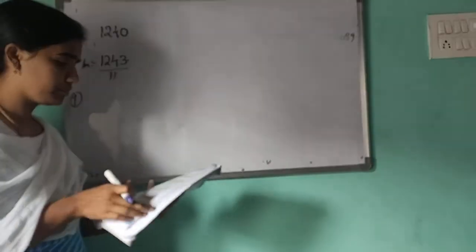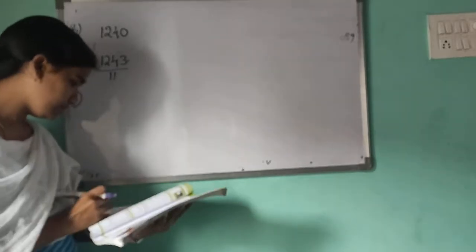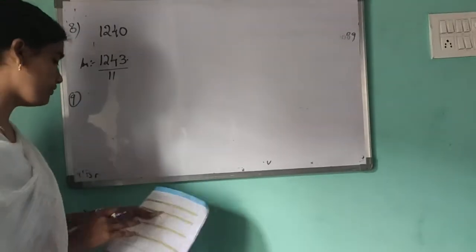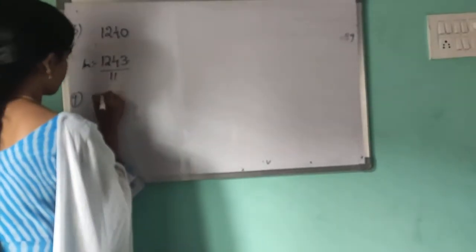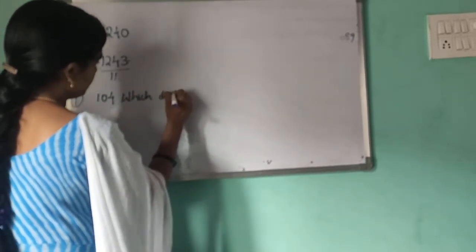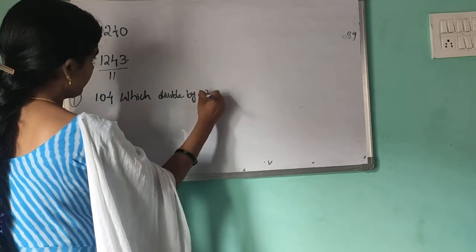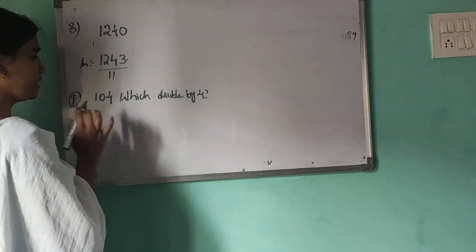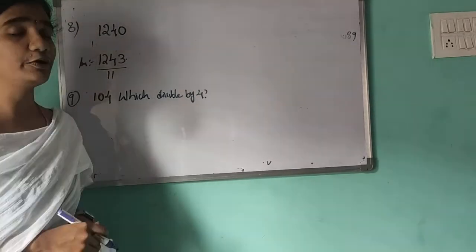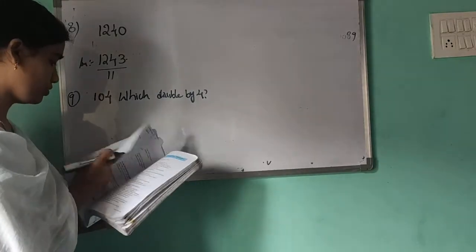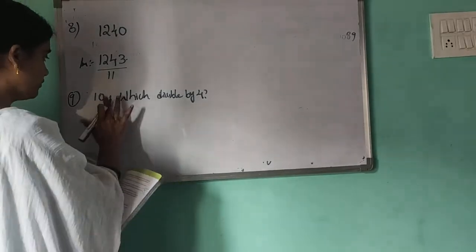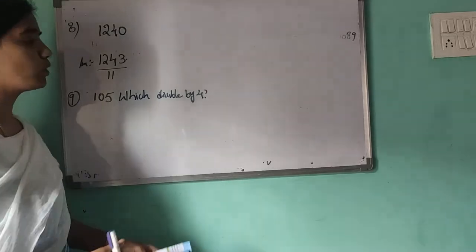Ninth sum. Write the nearest number to 105 which is divisible by 4. Here you can clearly observe 104. 104 is divisible by 4. Sorry, in this question it is 105, not 104.